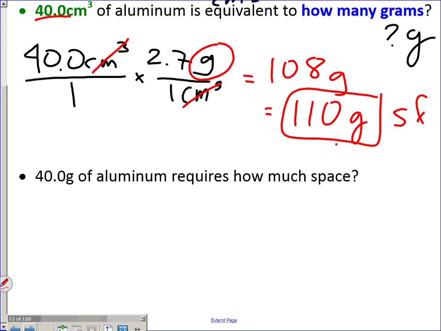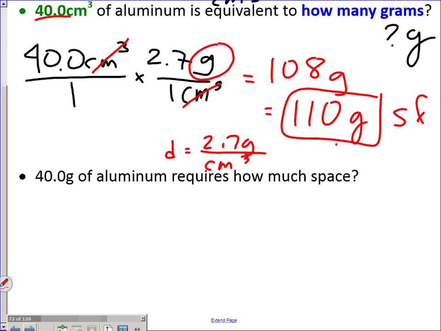Think about what you said to cancel. What's the conversion factor in this one? It's still the density. It's just up on top of the board. I know you can't see it. Don't forget, you can use that, okay?